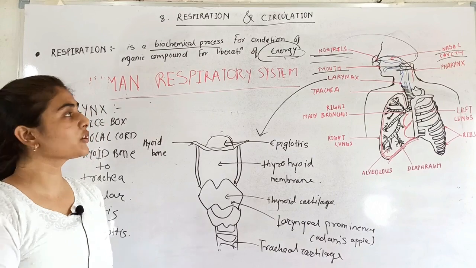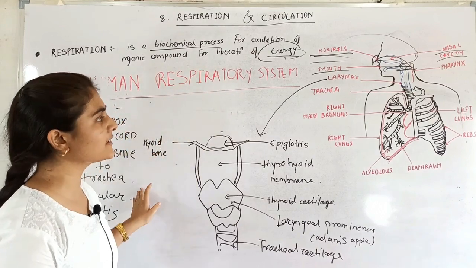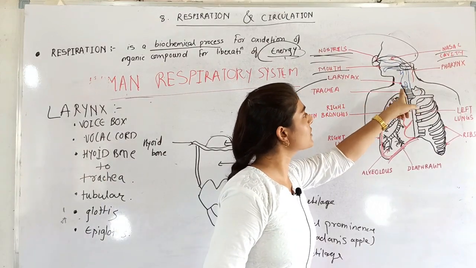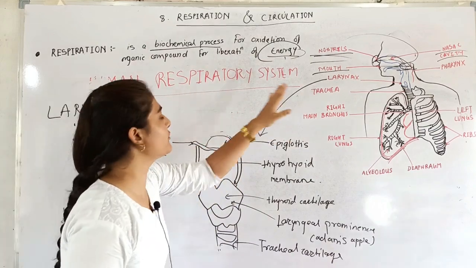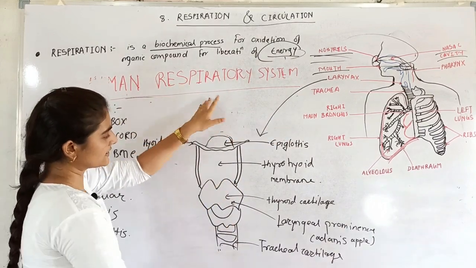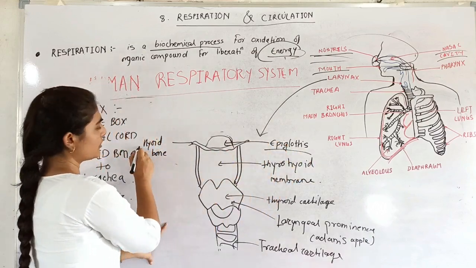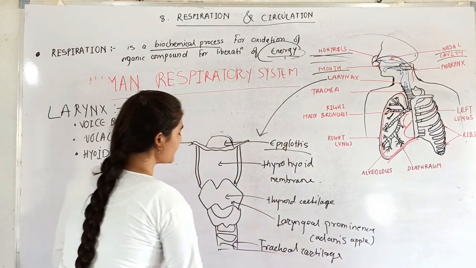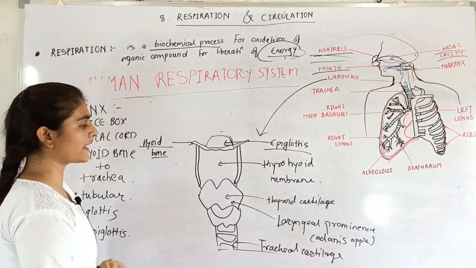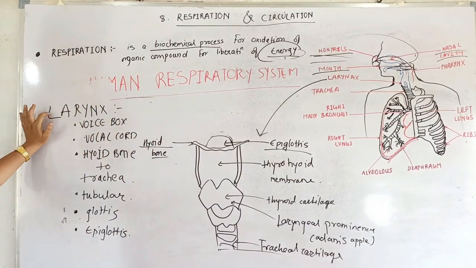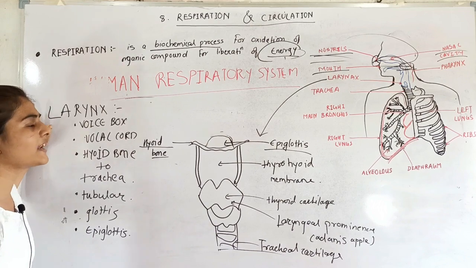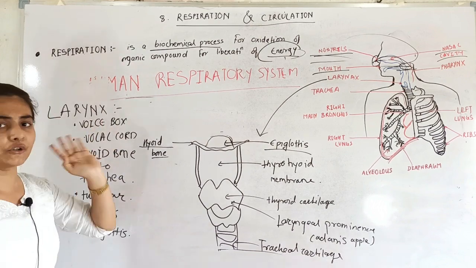Our next part of the human respiratory system is the larynx, which is this portion. I have shown it in a bigger form. This is the larynx, starting from the epiglottis or hyoid bone to the trachea. We may call the larynx the voice box of humans.